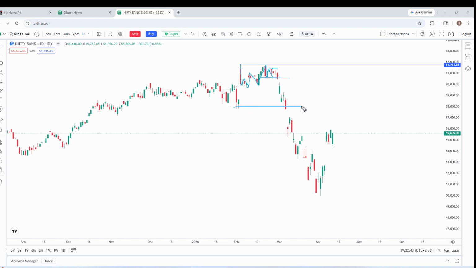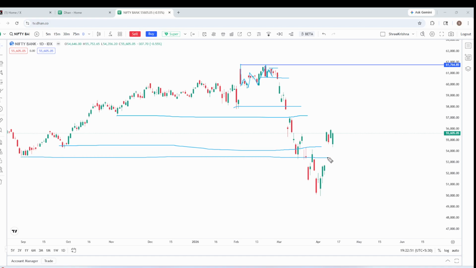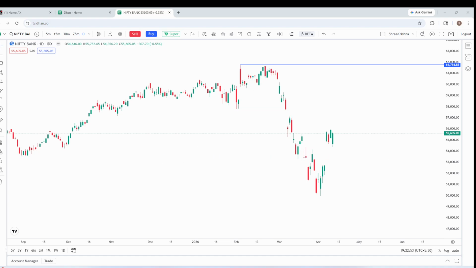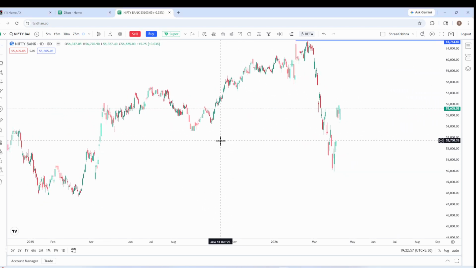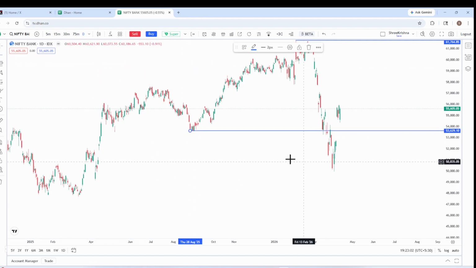The first target is this, the second target will be almost like this, and the third target will be this or this relatively. Usually we say this relatively with the previous pivotal points, trend pivotal points.